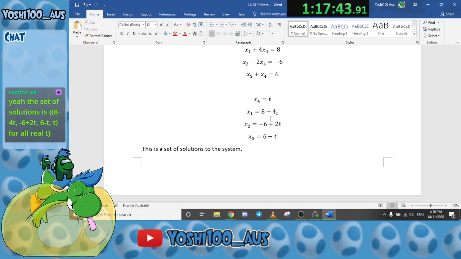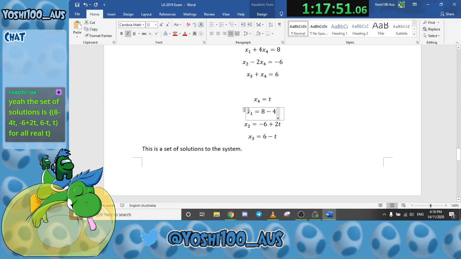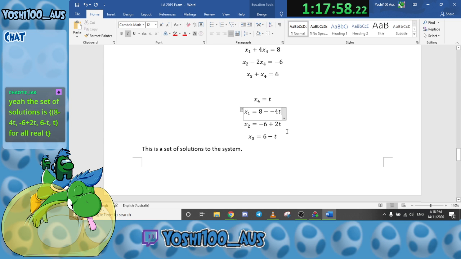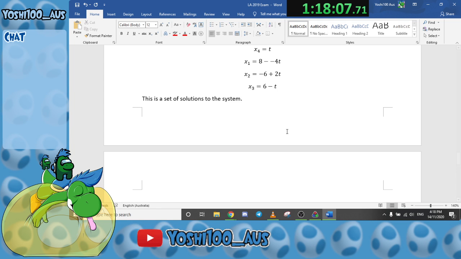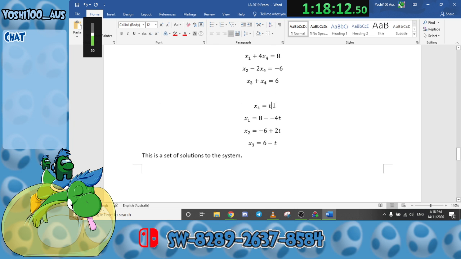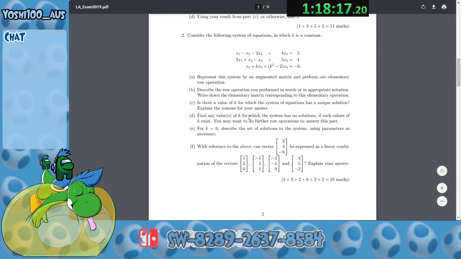I was confused because usually they ask for the basis for the thing, and then it would just be minus 4, 2, minus 1, yeah. The set of solutions is for x1, x2, x3, x4, for all real t. Should I state that? I'll remember.